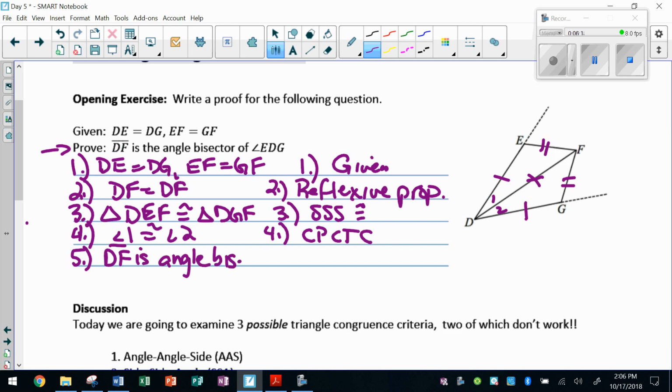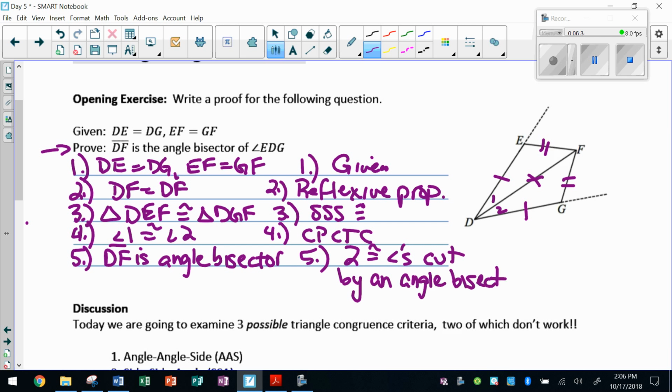And the reason is two congruent angles cut by a bisector. A bisector cuts an angle into 2 equal parts.